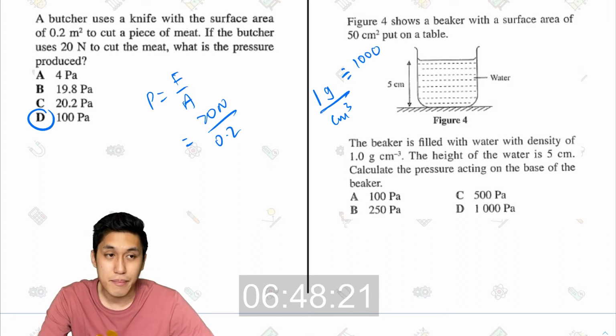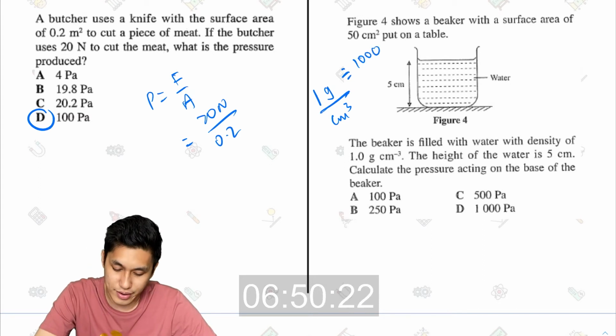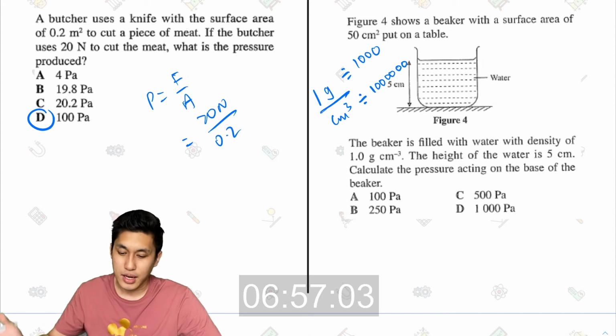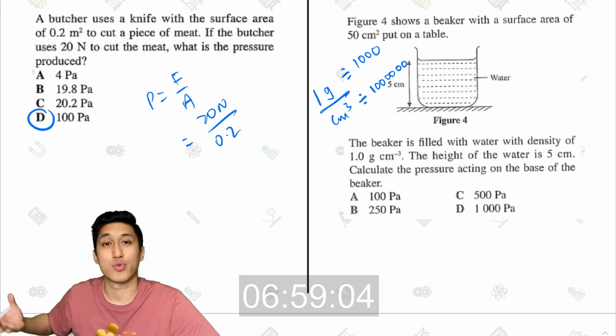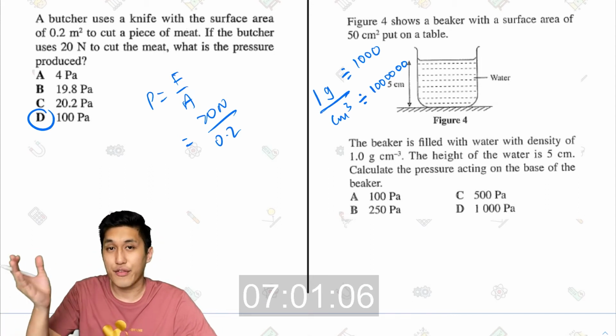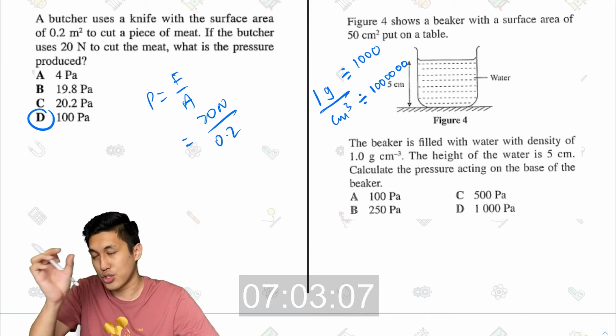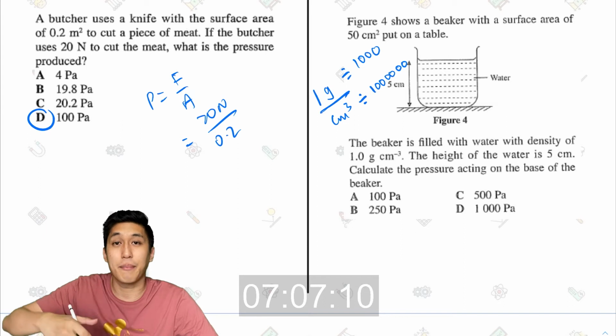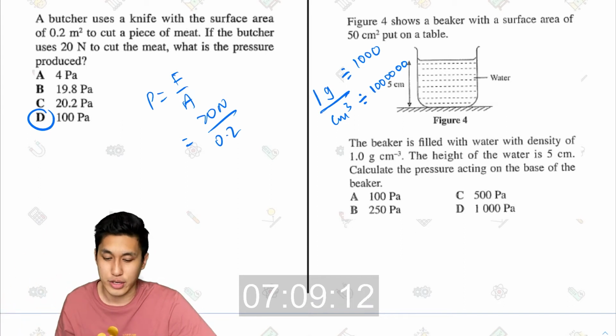And from cm cubed to meters cubed, I will have to divide by 1000000. It's basically 100 times 100 times 100, because for every cm, when you want to change it to meters, you have to divide it by 100. So if that's cm cubed, I have to cube the 100 as well.